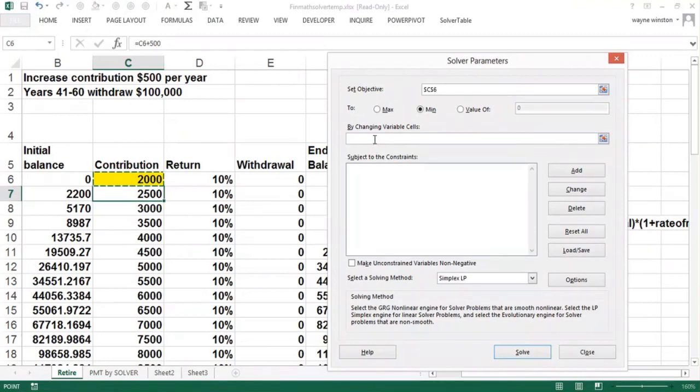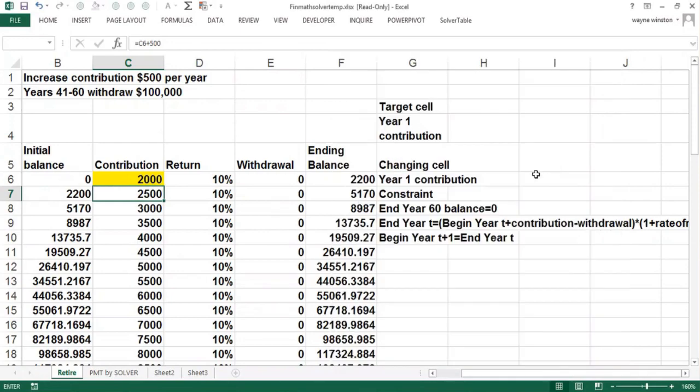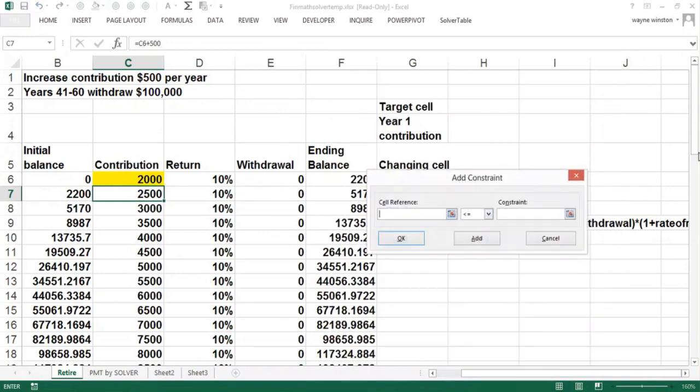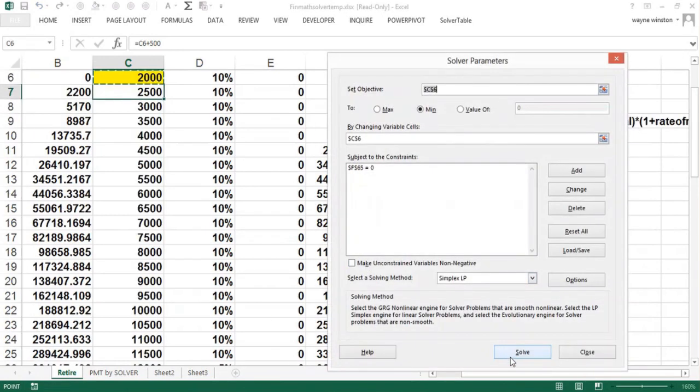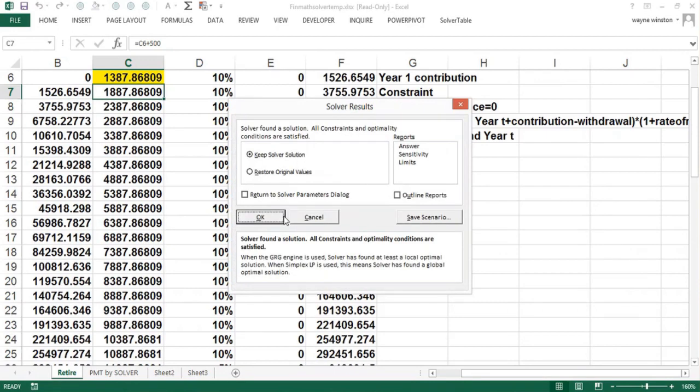I want to change the contribution. And I want to add that the ending balance is 0. Okay. And there you go.